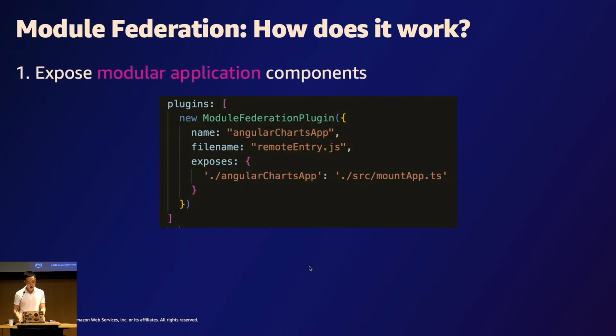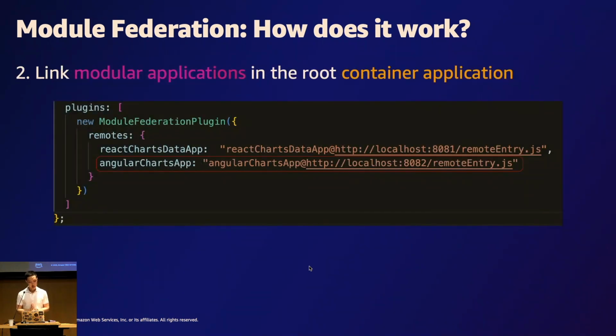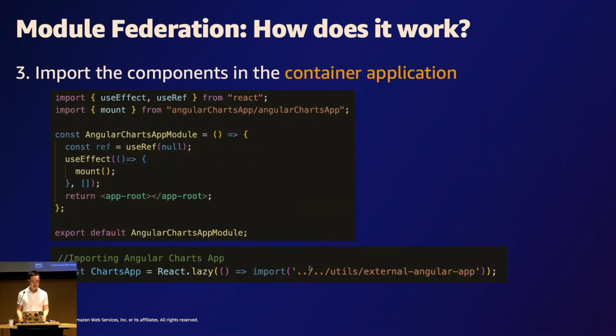Very simply, you can just expose the Angular app that we have right now with the Module Federation plugin, and then declare the remote of our micro front end in the container application. The final step is just to import it and load it in React. So now you have your Angular application running inside a React container for your micro front ends.